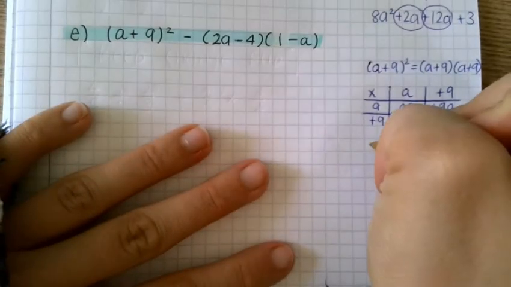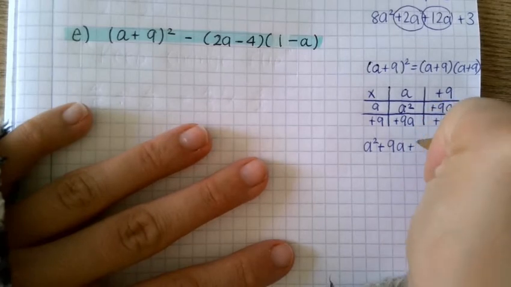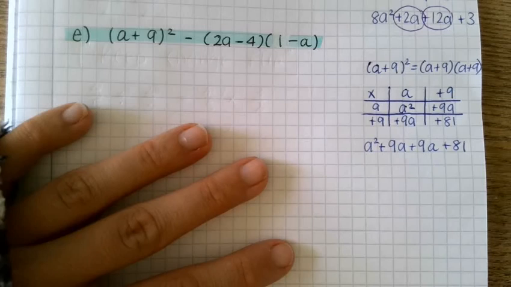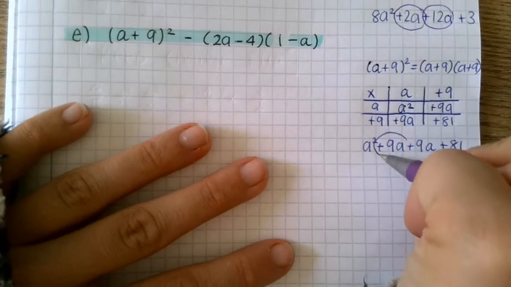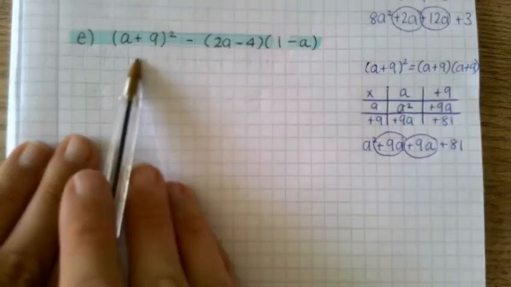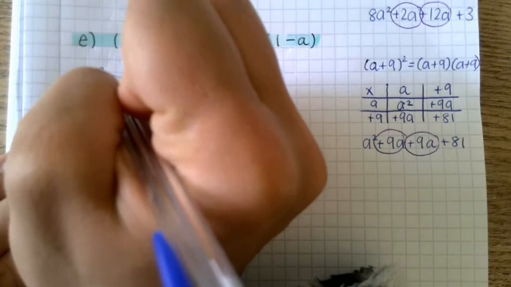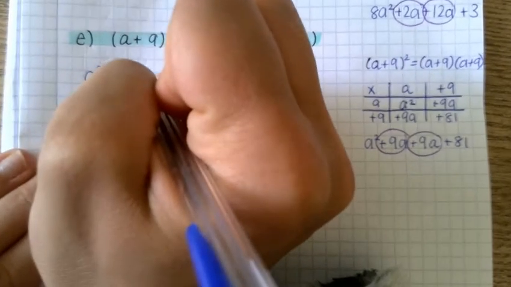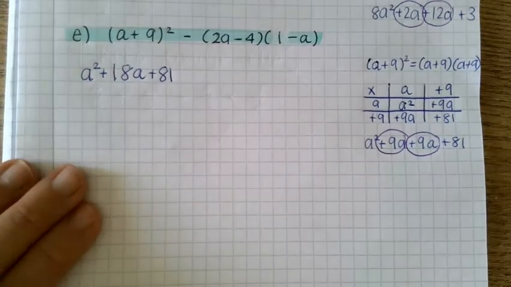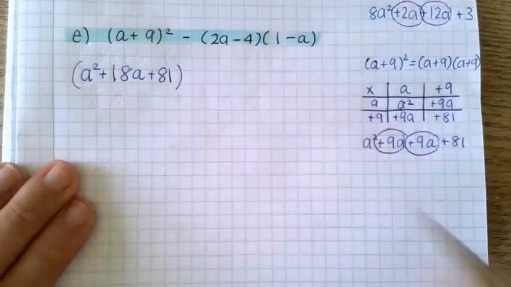Adding all of those together, so a squared plus 9a plus 9a plus 81. And I can see that I have like terms here that can be collected together. But I'm going to write that over here. So I get a squared plus 18a plus 81. So that's the first bit. That's what I get when I do a plus 9 all squared.